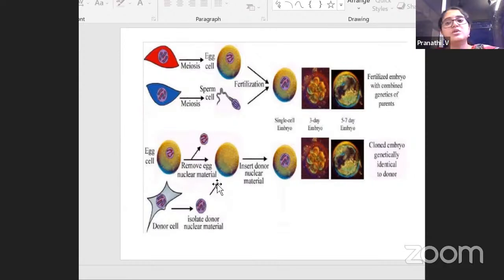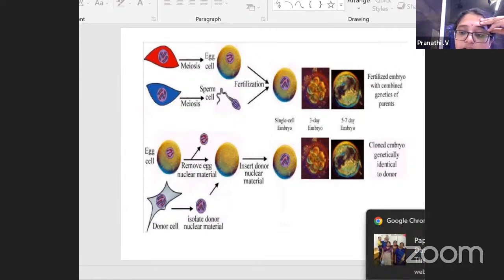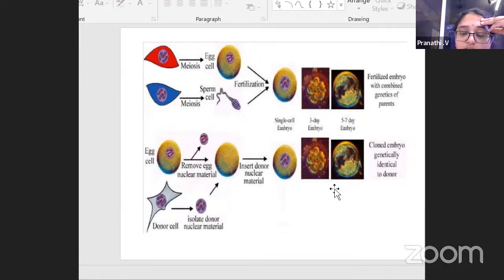Since the chromosomes are the genetic material, when you put it into the cytoplasm of the recipient, the donor nucleus will determine the progeny, which will resemble the donor, not the recipient. So the cloned embryo is going to be genetically identical to the donor.